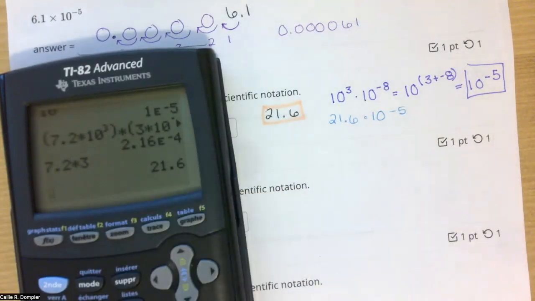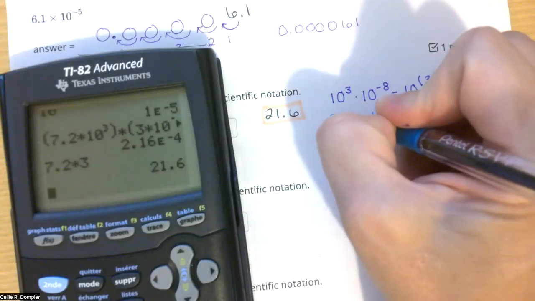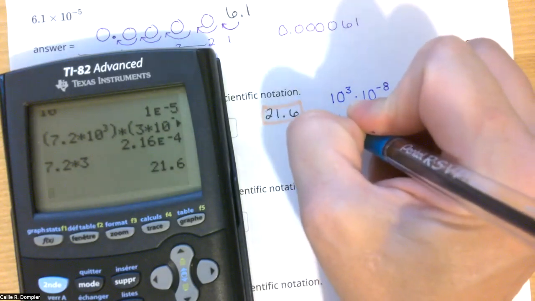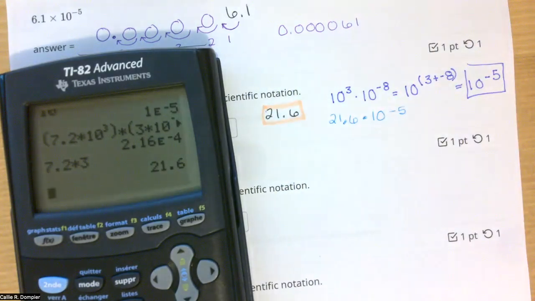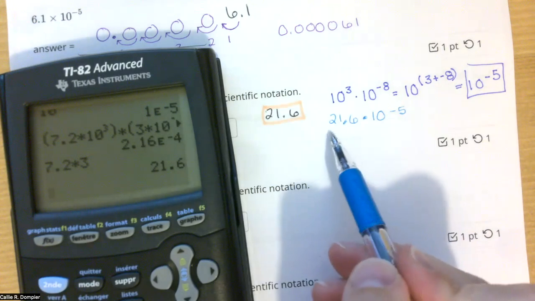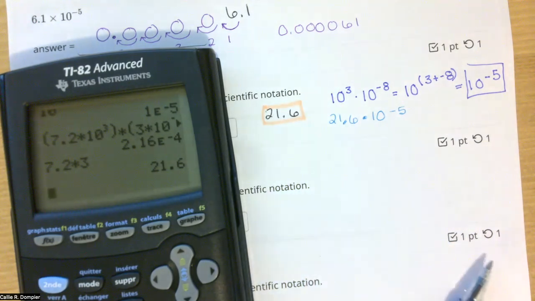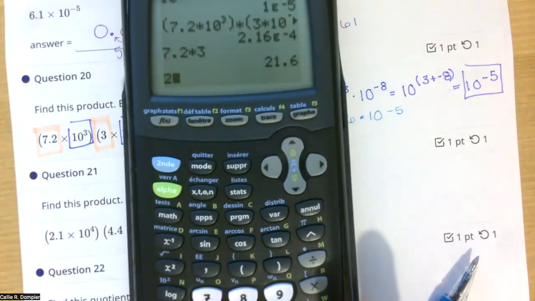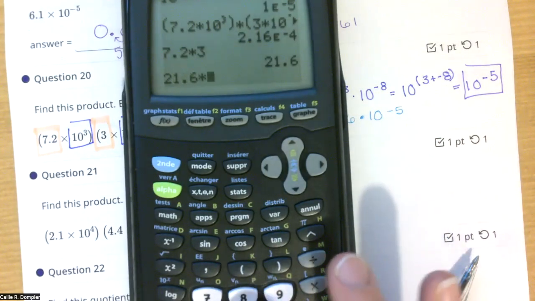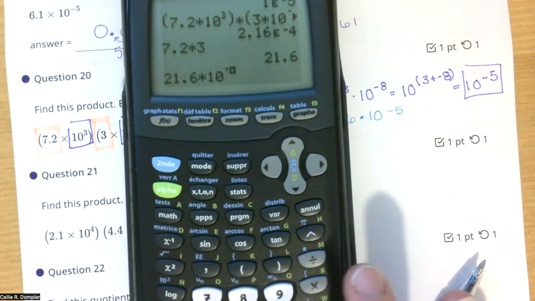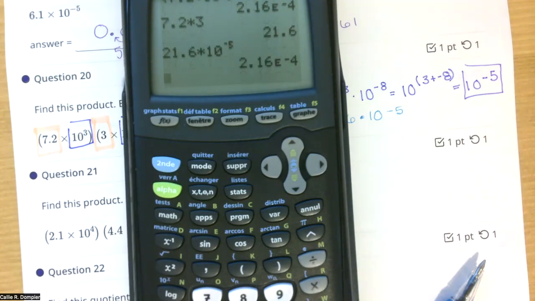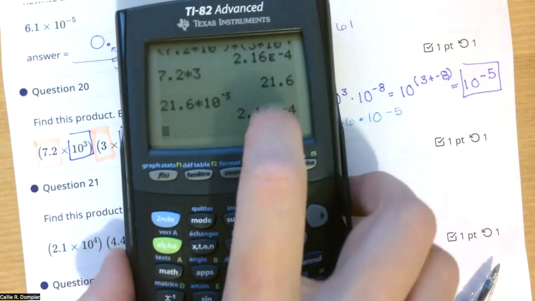How are those different? Those are different because that's supposed to be a decimal point, that's supposed to be multiplication. Those are different because 21.6 is not in scientific notation, unfortunately. Okay? 21.6 times 10 to the -5th will give me that same answer, right?